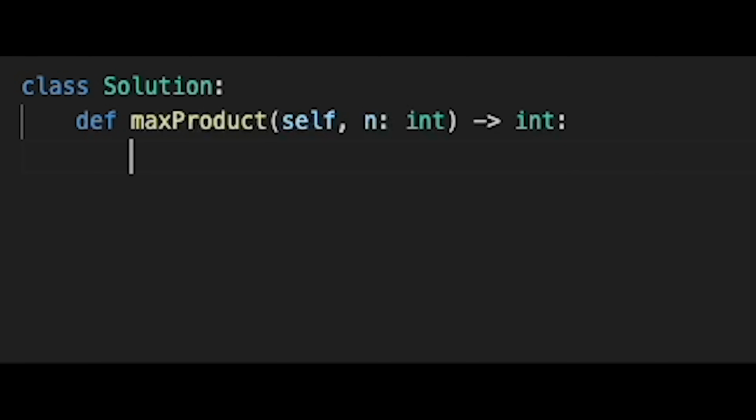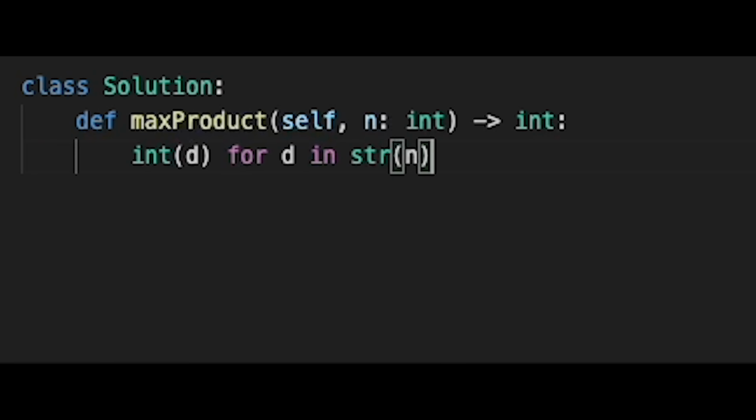And the first solution is, first of all, convert the input number into a string, so str(n). And we iterate through one by one, so for d in str(n). And after that, we convert this d into an integer again, so int(d).